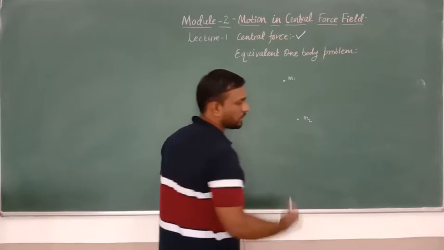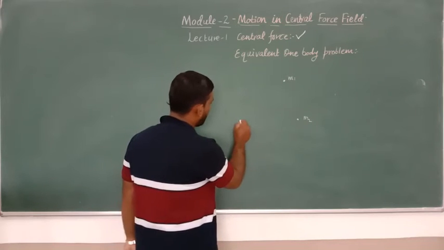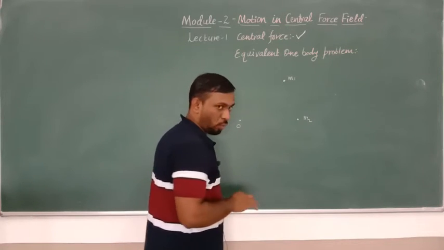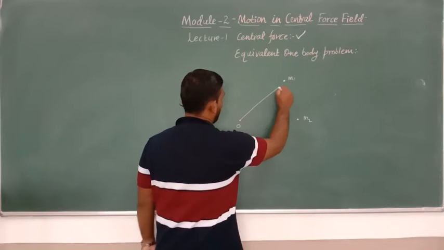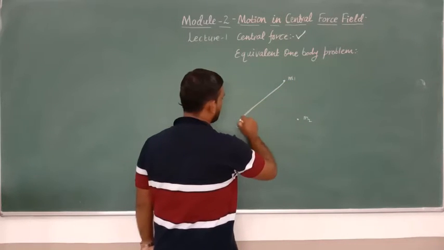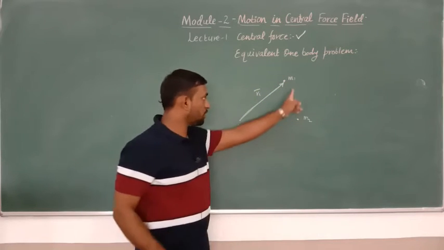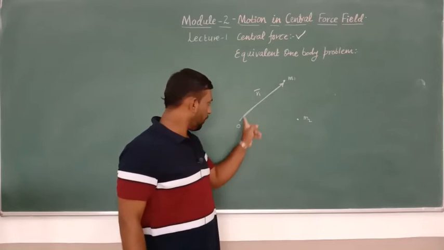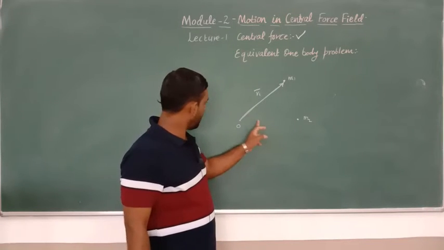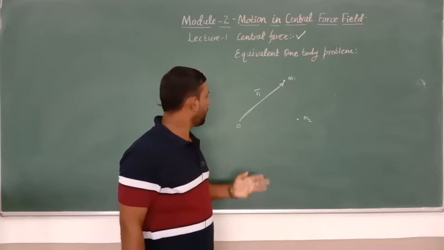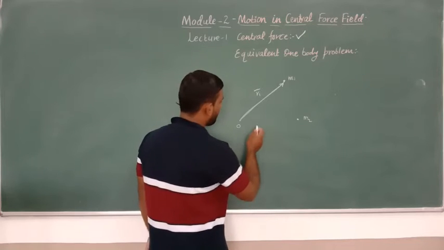We consider some point O, which is the reference point or origin. Let r1 be the position vector of the first particle, mass m1, with respect to origin O. You can choose the origin anywhere, it's up to you.